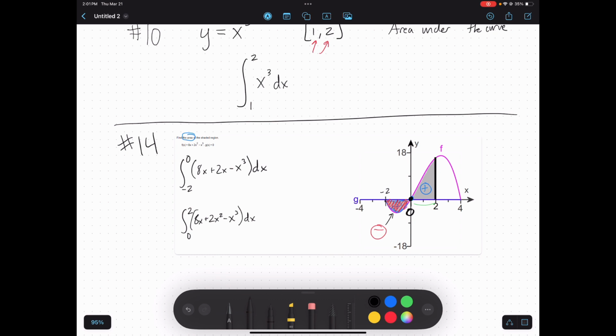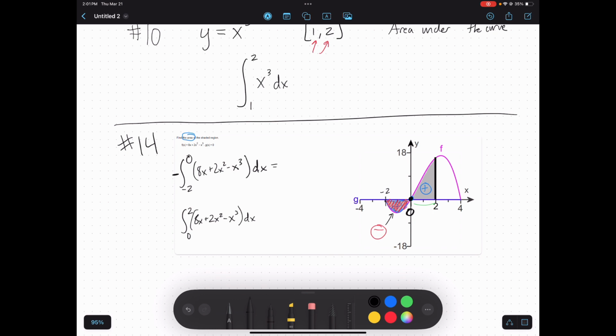My other option is to tweak this integral. Since I know that the area is going to be negative, what I can do is I can just put a negative in front of it. Okay? I can put a negative in front of this integral.